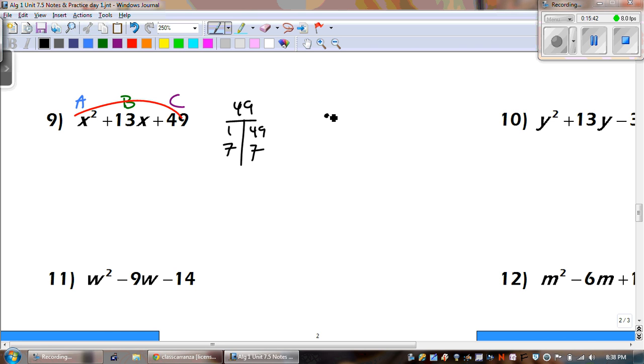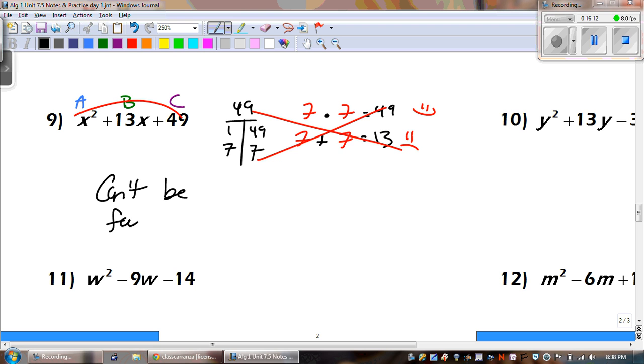So which set of those multiply to get to 49 and add to get to 13? Sure isn't 1 and 49, but what about 7 and 7? Nope, it doesn't work.